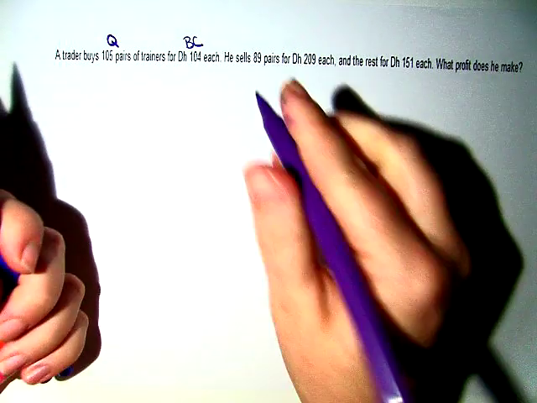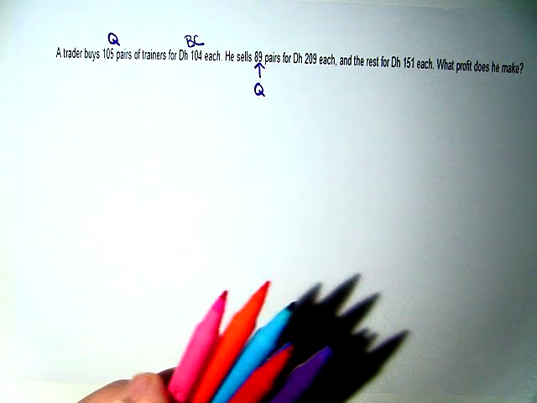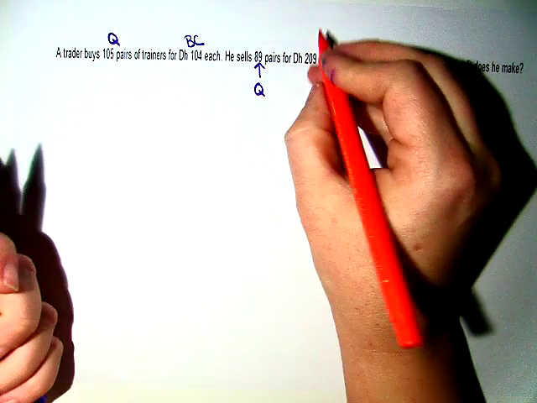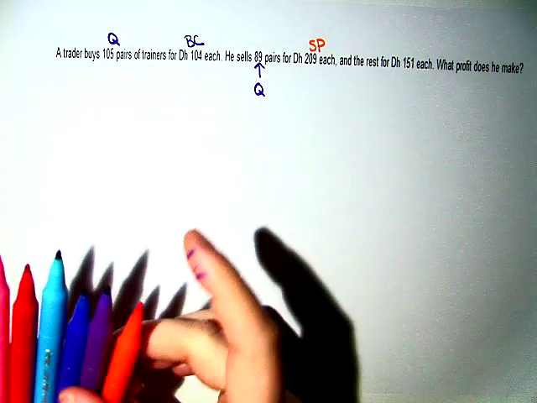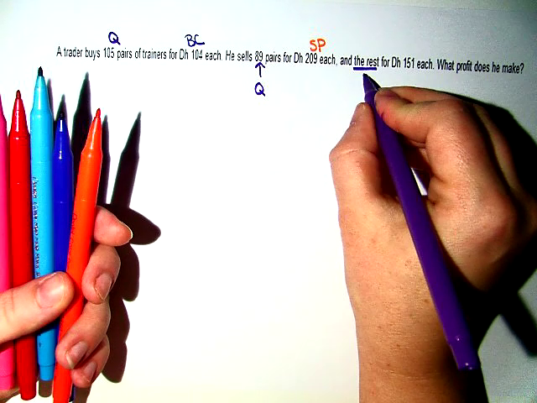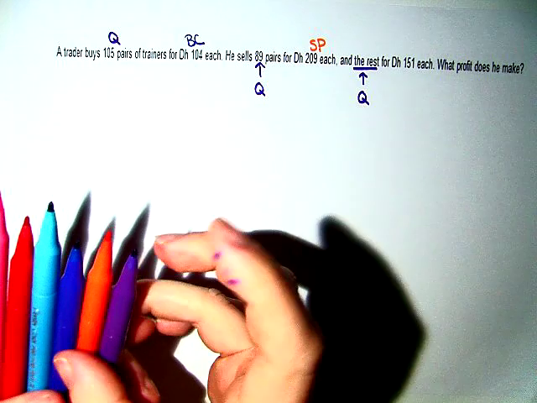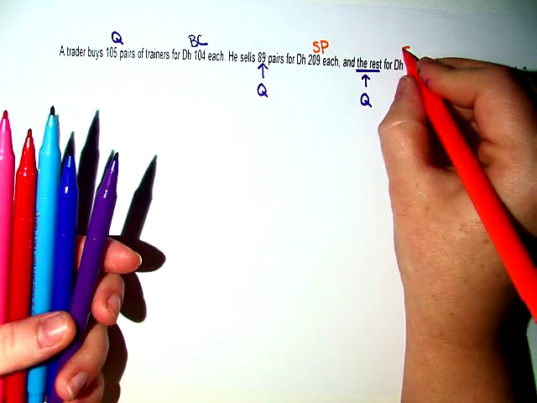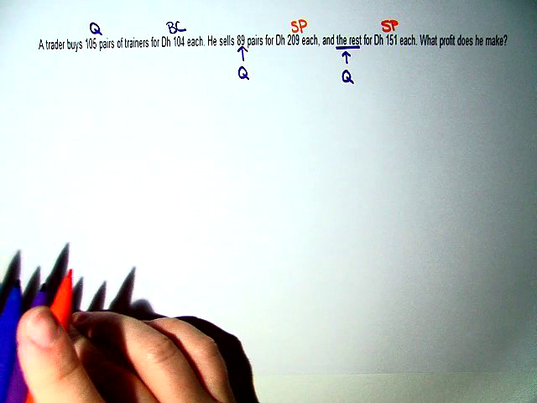There's another quantity. For 209 each. Okay, so that's my selling price. And the rest, the rest. That's, once again, another quantity, but we need to solve for it, for 151 each. So we have another selling price. What profit does he make?